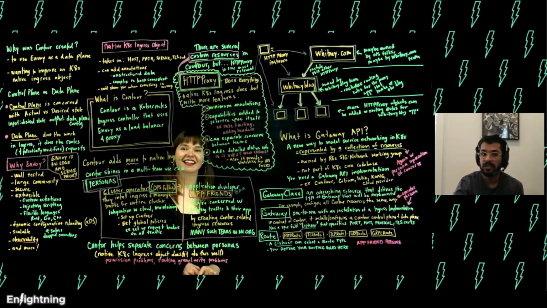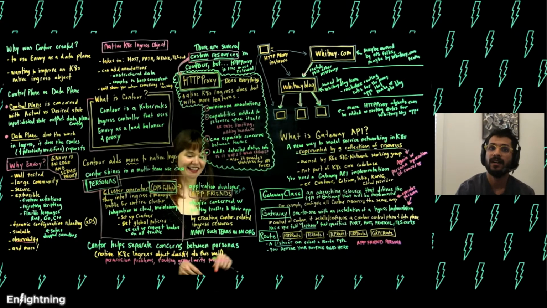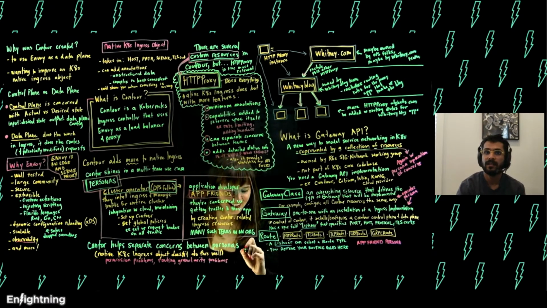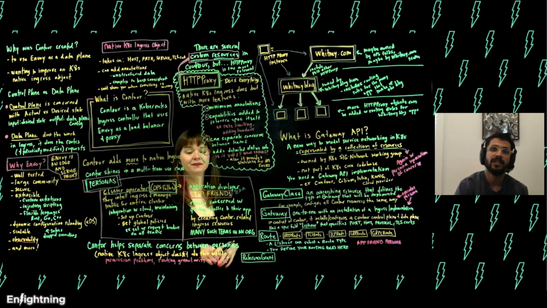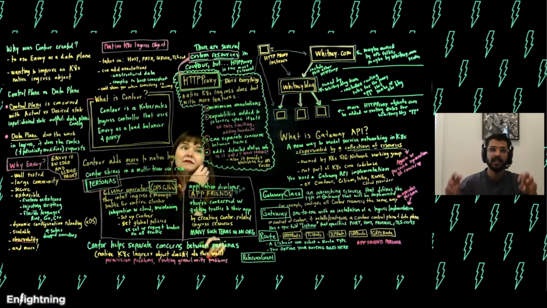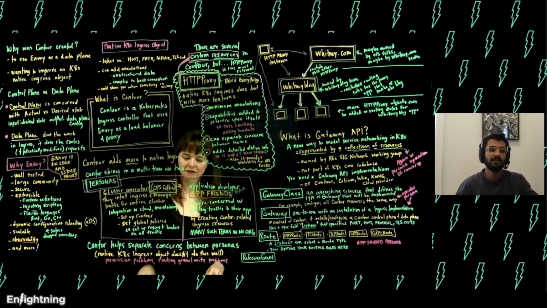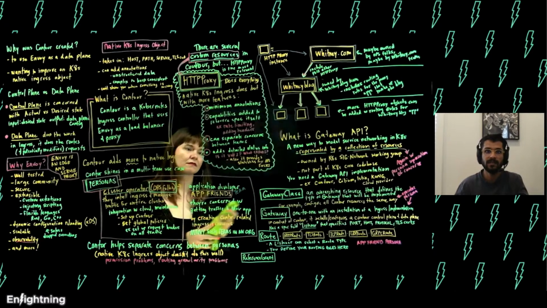There's the concept of a reference grant, which is another custom resource. I didn't mention it before in the context of HTTP proxy, but Contour provides, in addition to HTTP proxy, a resource called TLS certificate delegation, which offers a safe way to reference secrets across namespaces.